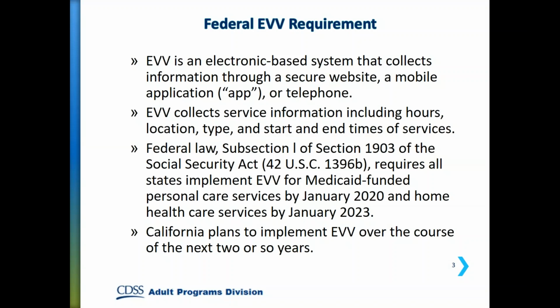There still is also the opportunity for the state to apply for a good faith extension for another year, which the state is planning to look at doing. And for the home health, it's January 2023 for implementation.